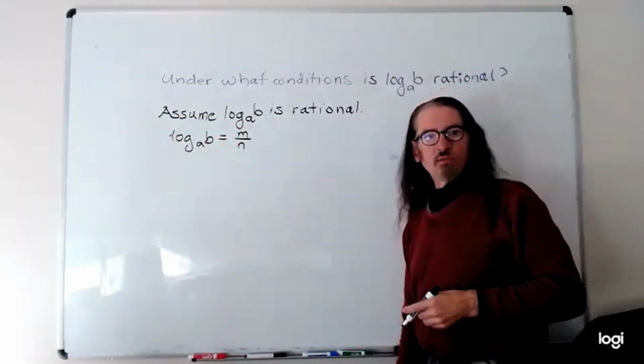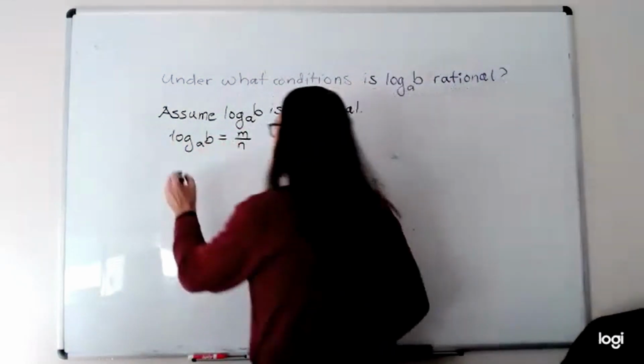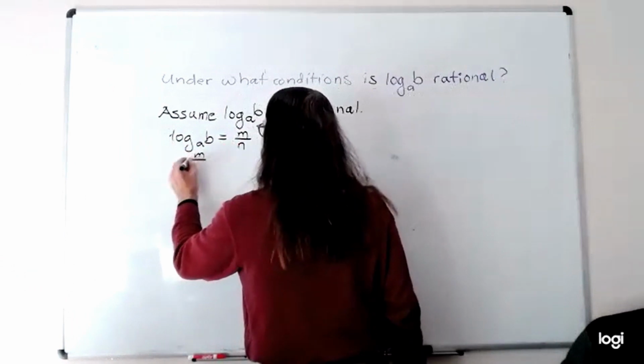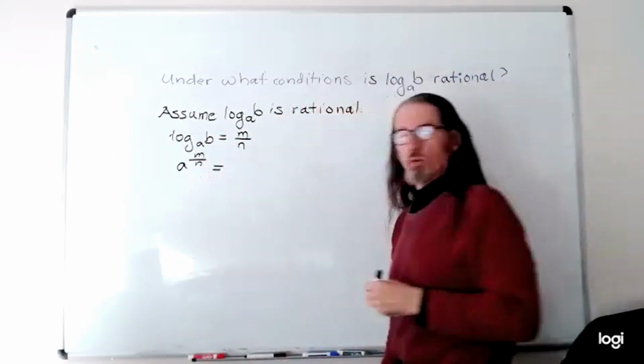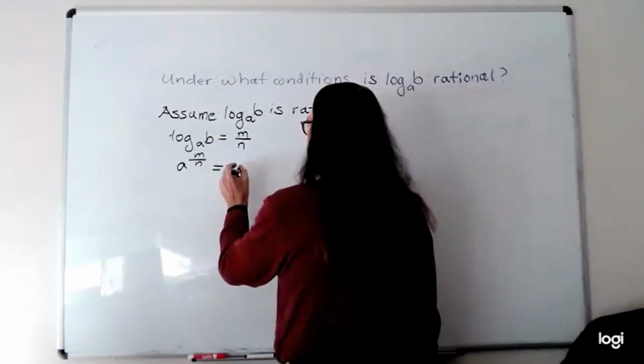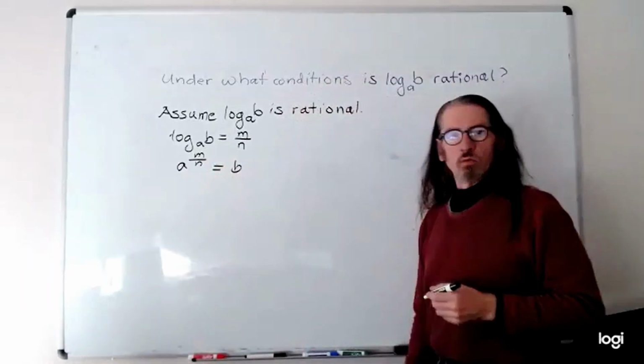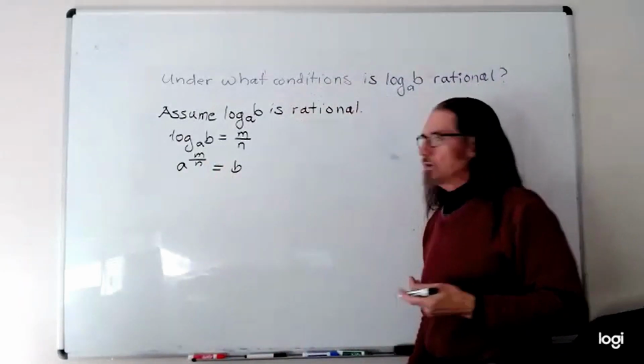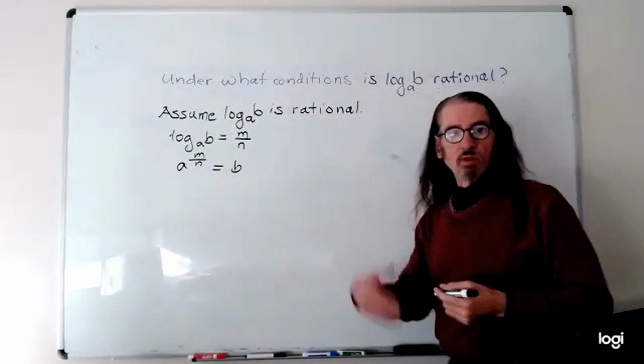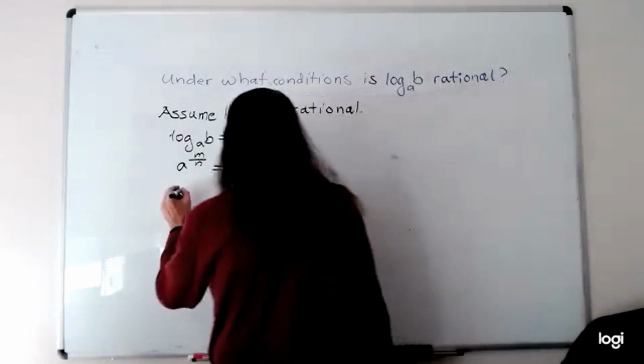It implies, by the definition of logarithms, base a to the power of m over n equals b. Raise both sides to the nth power, and on the left side have the n's cancel.